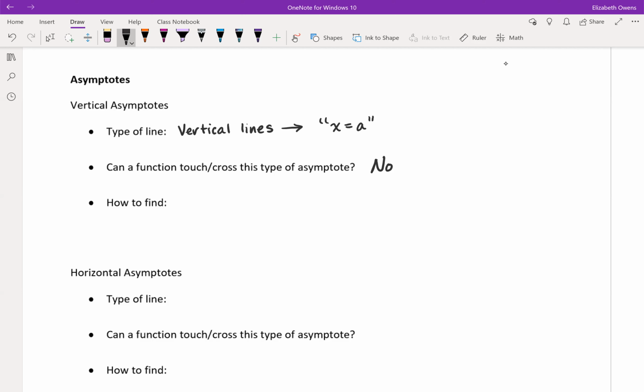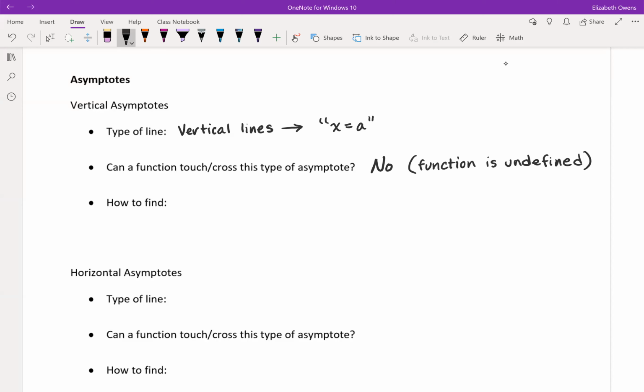And this is because the function is undefined where there is a vertical asymptote. So there cannot be a function value on that vertical line. Function is undefined in general.